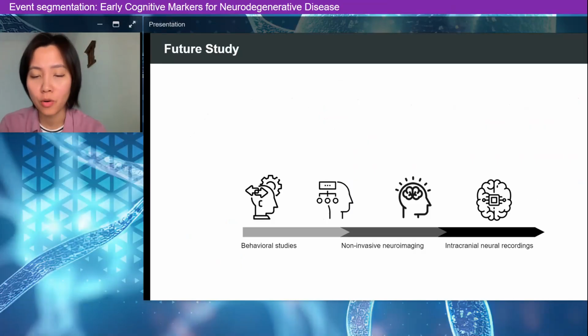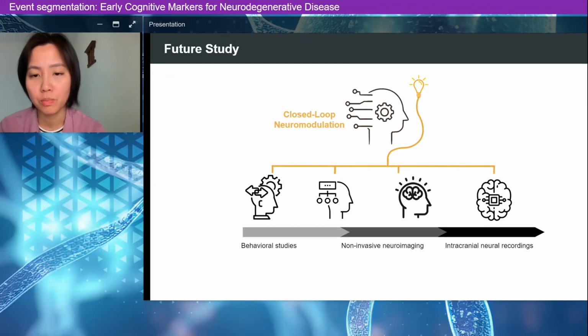And building on all the findings from the behavioral studies, the neuroimaging, and also the intracranial recordings, such as the results from our group, we hypothesized that this might be the moment for integrating all the findings from the basic neuroscience studies and moving forward to translational applications by building a closed-loop neuromodulation system.